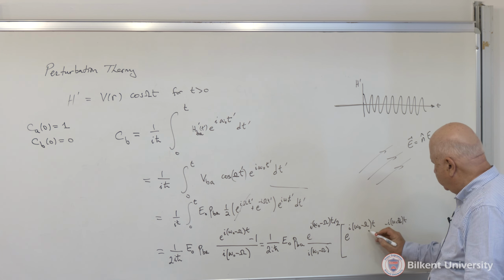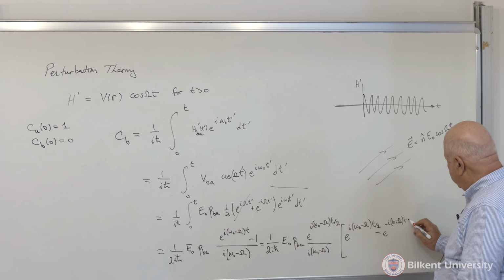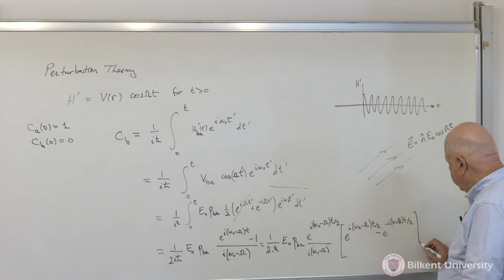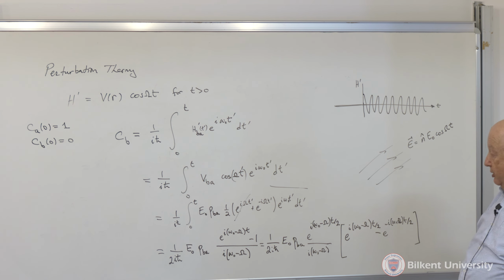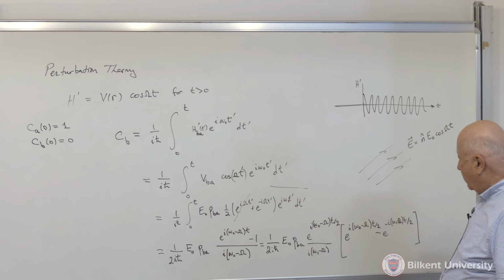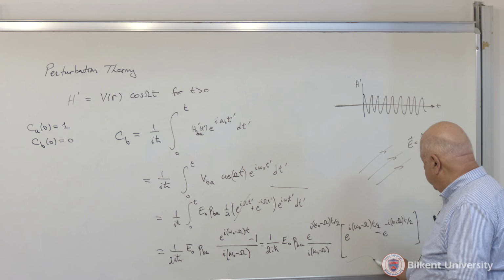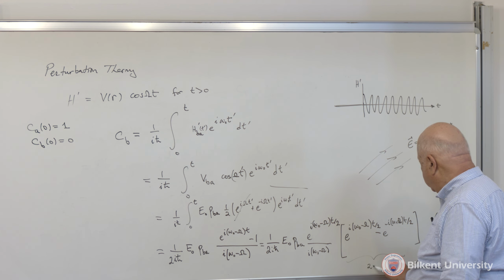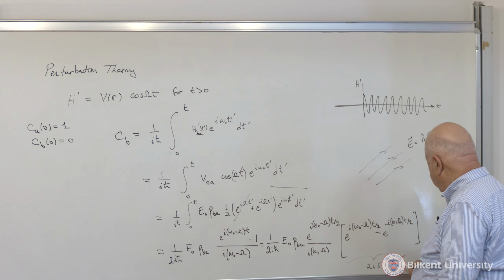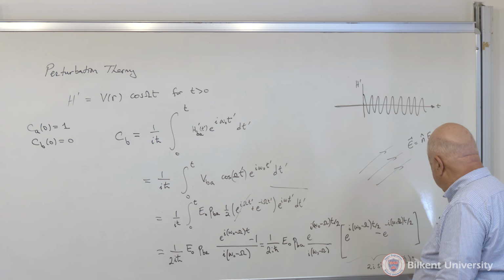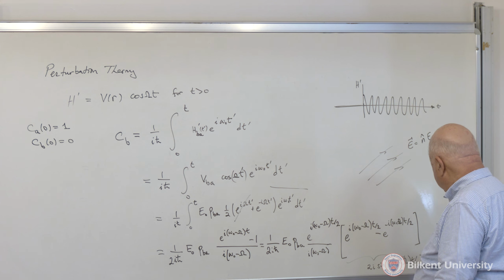Yes, we should have 2 over 2's over 2, like this. So now I can write this as 2i sine of (omega 0 minus omega) t over 2.